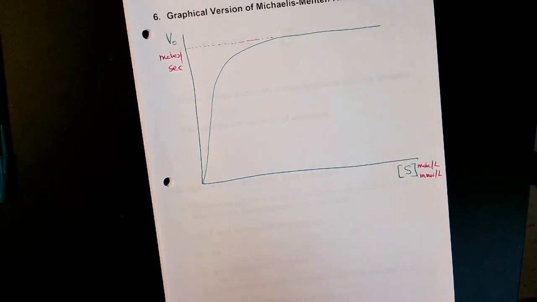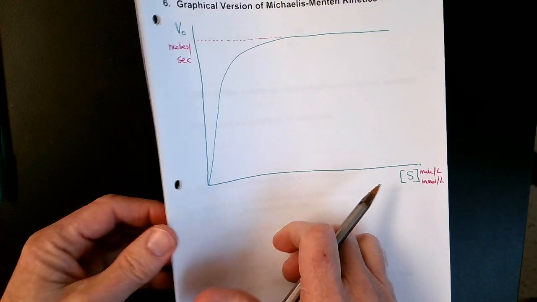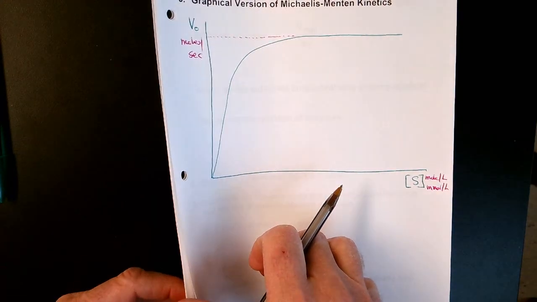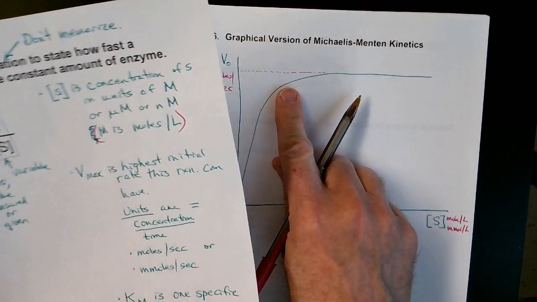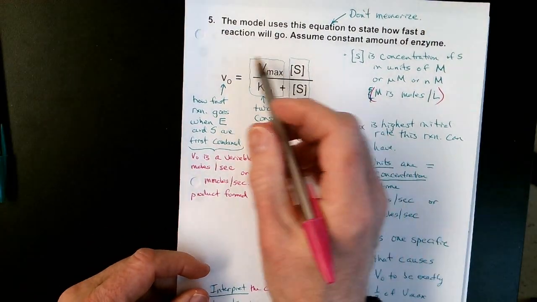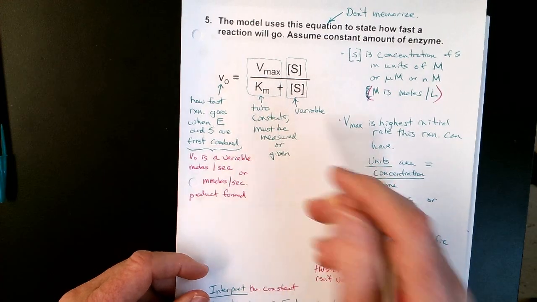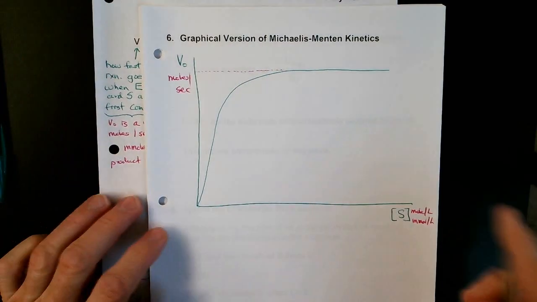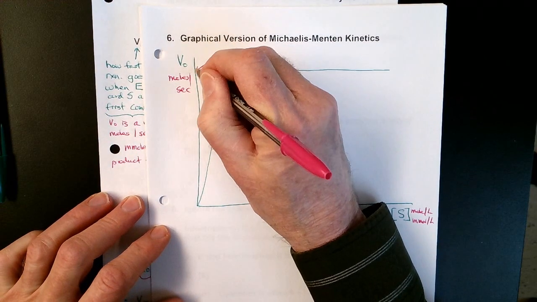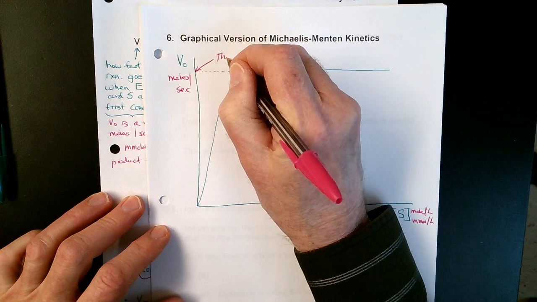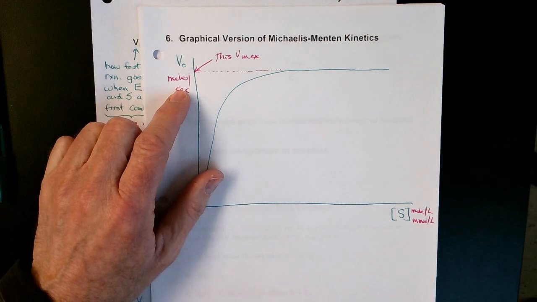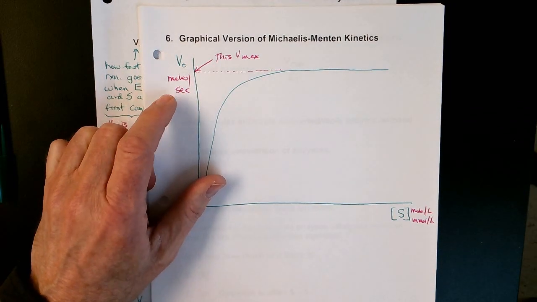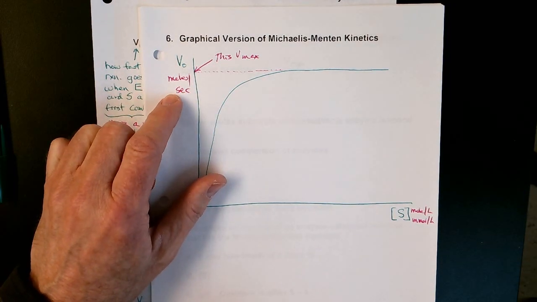And what do you suppose you call that? This is the best this enzyme is ever going to do, so what do you suppose you call that from this equation? Yeah, never will get better. So right there, that spot is Vmax. And notice it has units of moles per second. It's a velocity.